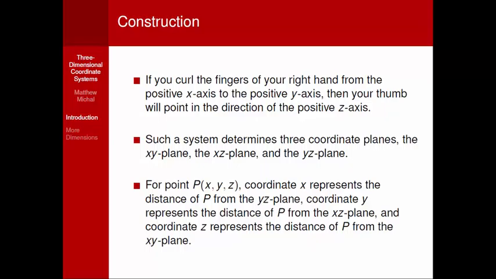More specifically, it represents the distance to the yz plane. So it'll be a yz plane, but off by a certain amount. Similarly, the y-coordinate represents how far off you are from the xz plane, and z represents the distance to the xy plane.